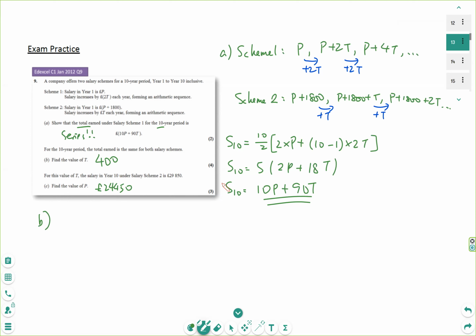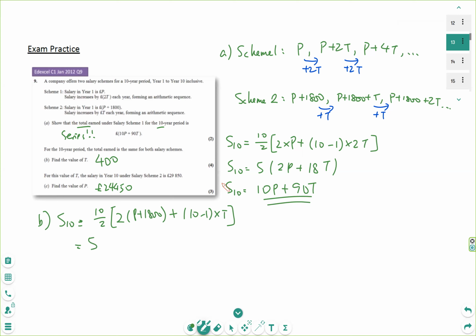Part B. First of all, you're told the total earned for both salary schemes is the same. So you want to work out S10, the sum of the first 10 terms, for scheme 2 as well. For scheme 2, S10 will be 10 over 2 times (P plus 1,800 plus 10 minus 1 times the difference).